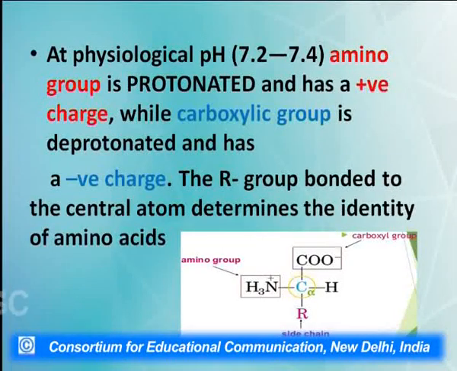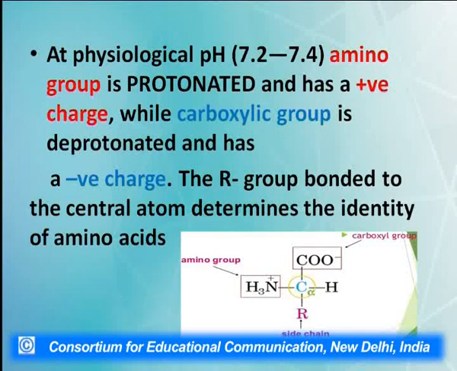Now let us go back to the structure of the amino acid. At physiological pH, that is pH between 7.2 and 7.4, we have a COOH group as well as an amino group in the same molecule, so an acidic group and a basic group. An internal acid-base reaction takes place.